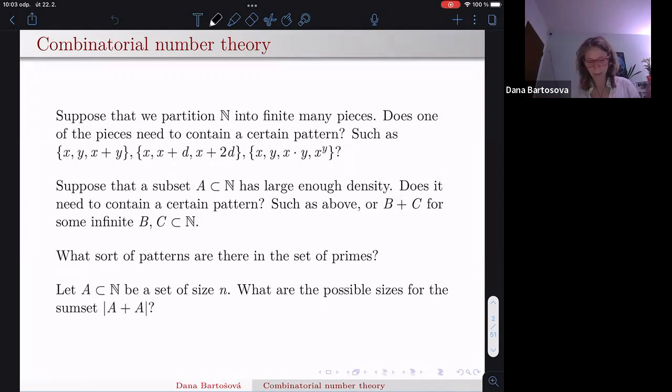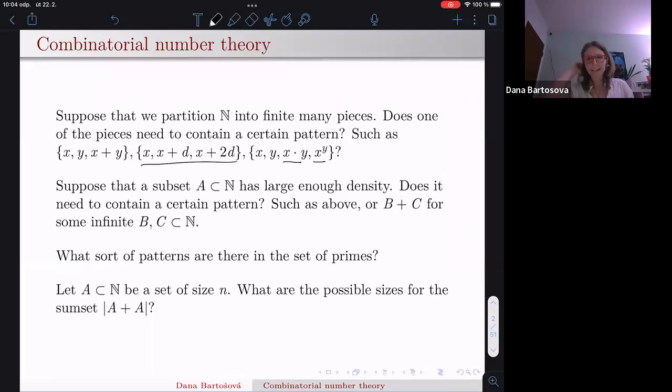And those can be as simple as just x, y, and x plus y, or here I have an arithmetic progression of length c, or can I mix the operations? So here I'm looking at mixing the additive operation with the multiplicative or exponential, but mixing the additive and multiplicative structure tends to bring some difficulties.